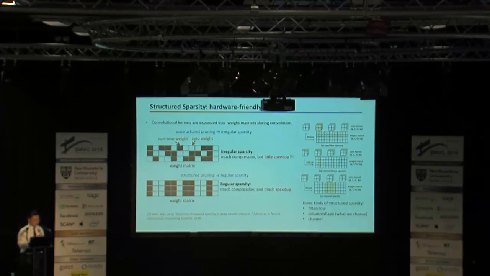But if the zeros are distributed very regularly, or with some structure, such as the bottom one, then we could decompose a big convolutional kernel into 4 very small convolutional kernels, so that we could save computation.